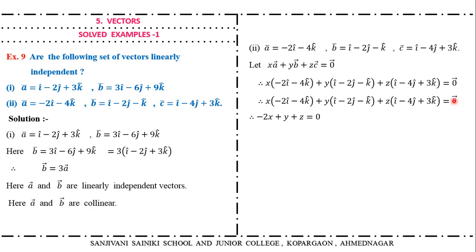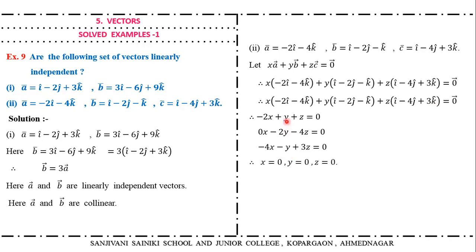Here 0 bar means 0 i plus 0 j plus 0 k. So minus 2x plus y plus z is equal to 0. 0x minus 2y minus 4z is equal to 0. And the third one is minus 4x minus y plus 3z is equal to 0.